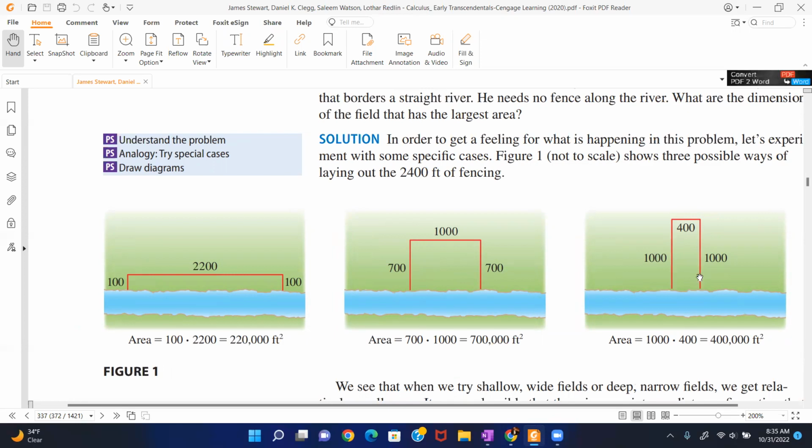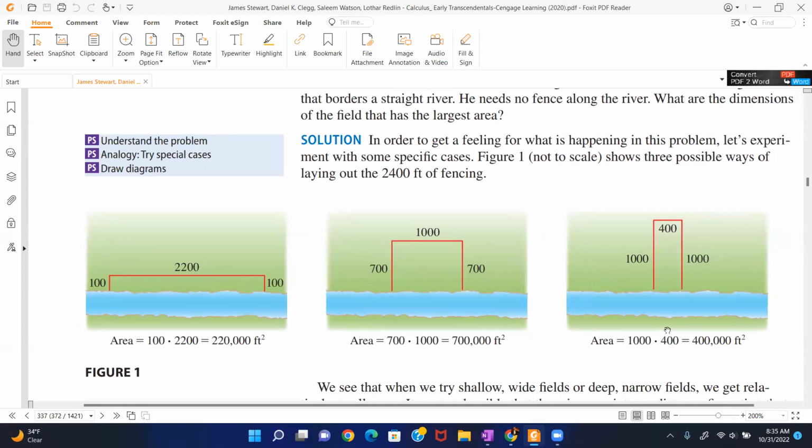You can see clearly the outer ones, the first and the last one, are not going to maximize the area. And you can explicitly calculate these. So here you get 220,000 square feet, 400,000 square feet, fairly big numbers, but not as big as this other number.